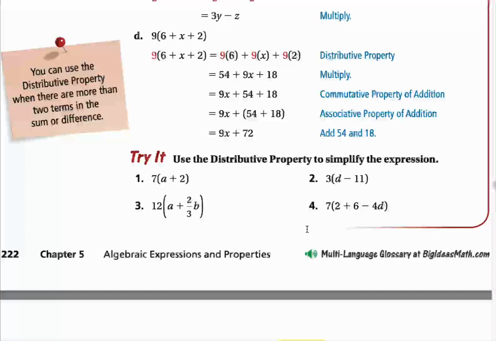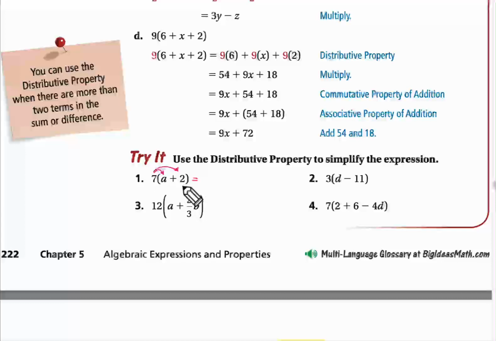Question number 1. 7a plus 2. Are you sure? Oh, you are reading the question. I'm sorry. Okay, go ahead. When we do 7 multiplied by the quantity a plus 2, you will multiply 7 by what? By A or by 2? Or both?